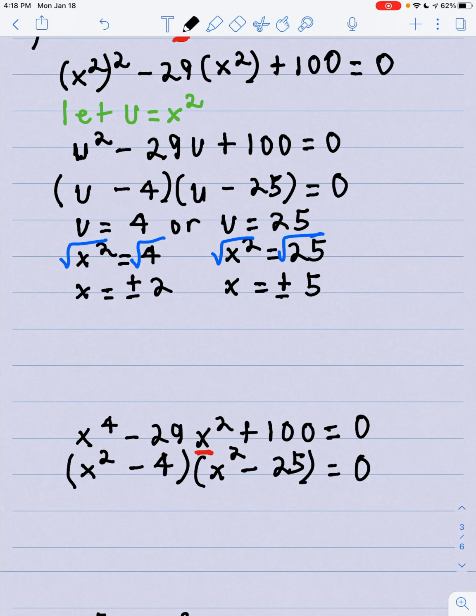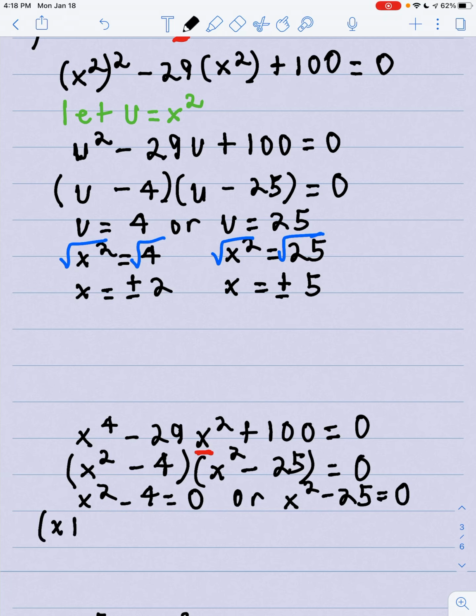Now, when I set these equal to 0, I could factor if I wanted, or I could use square roots. So I'm going to do both ways just to show you. Somebody might look at x squared minus 4 and say, oh, that is a difference of two squares, and that's going to factor into x plus 2 and x minus 2.